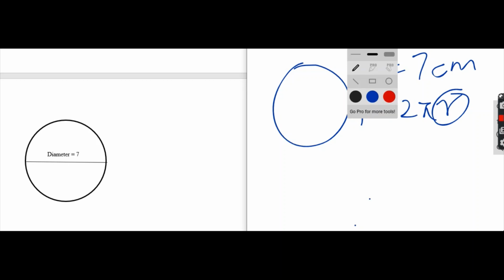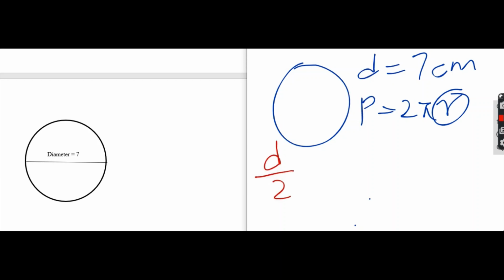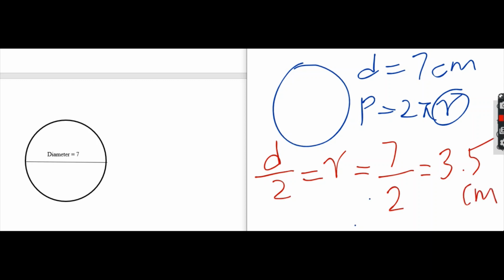Let me use a red color to show you this. So always remember that diameter divided by 2 would be equal to radius. So twice the radius is the diameter, or diameter divided by 2 will give you the radius value. So for this example, we can say that the radius is equal to 7 divided by 2, which is 3.5 cm. Is that clear?